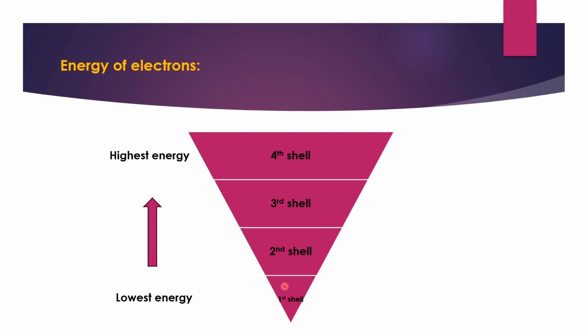The electrons present in the first shell have the lowest energy, then those of the second shell have higher energy than the first, and the third higher still, and the highest energy belongs to the electrons present in the highest shell. First, second, third and fourth, and the energy keeps getting higher, and the fourth one has the highest energy. So this is the distribution of the energy of electrons.